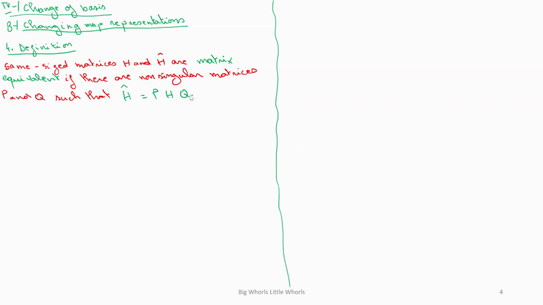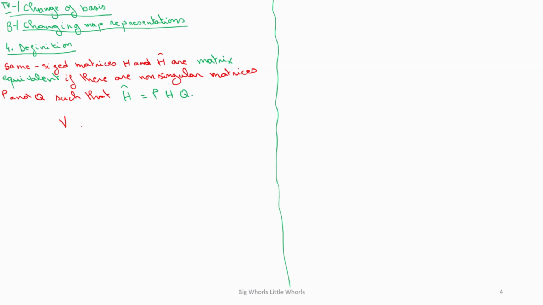Where do the P and Q come from? If you remember from the previous lecture and tutorial, we have seen the following diagram.